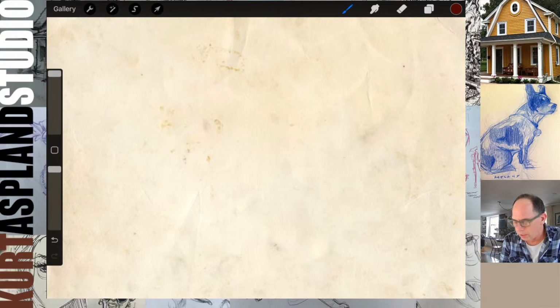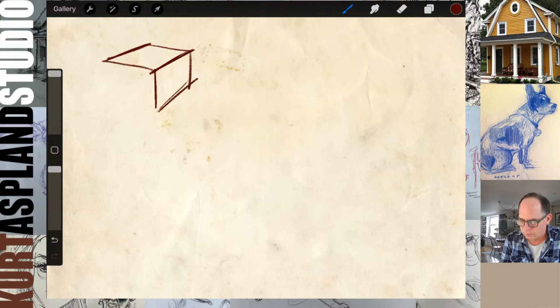Okay, the next thing I want you to get accustomed to, and we've talked about this, all right? I want you to draw a cube. And remember that these things all are going to go back, or they're all fanning out. Just like this. This is fanning out. See that?